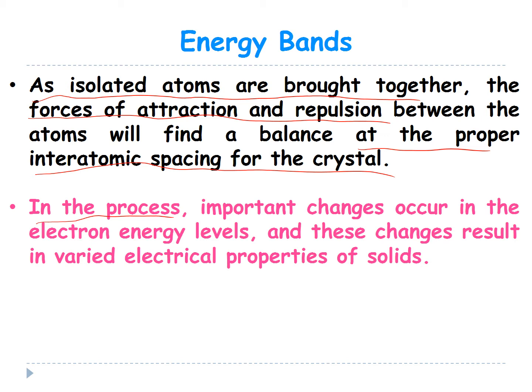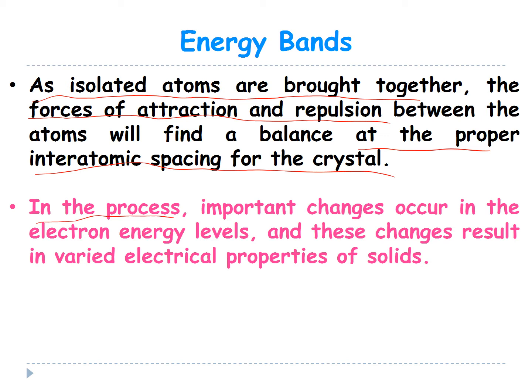So you can imagine that there's going to be a variation in the interaction of the electrons as you bring atoms of different elements together. That's why many solids behave differently, because they have different electronic structures.